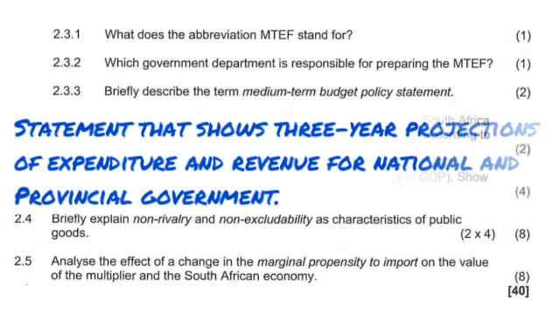So we said it's a statement that shows a 3-year projection of expenditure and revenue for national and provincial government. So medium term is 3 years. And it's a projection, because a budget is a projection; there are things that haven't happened yet. We are hoping that that's how we will spend and that's how we will receive revenue.